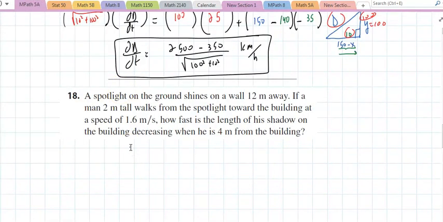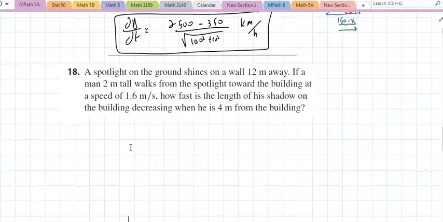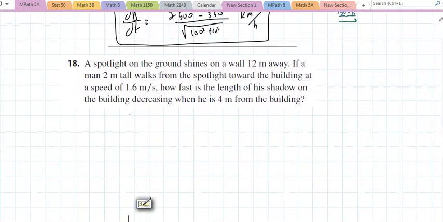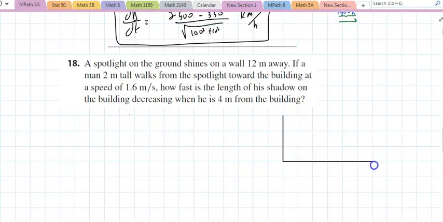Number 18. A spotlight on the ground shines on a wall 12 meters away. Let's say the spotlight is right here, and this is the wall, and this is 12 meters.